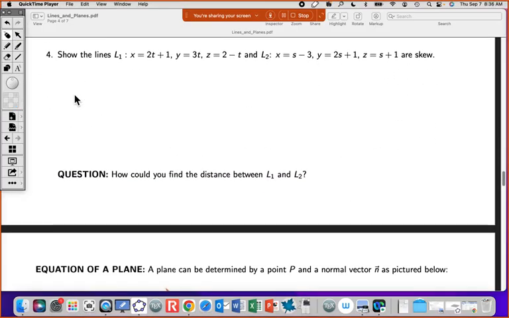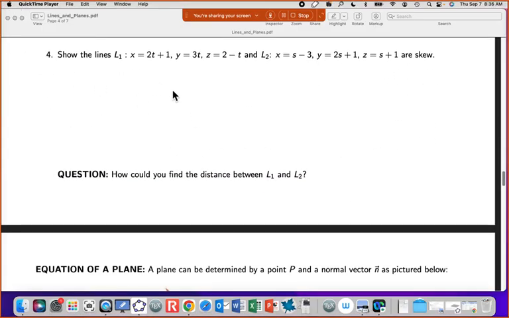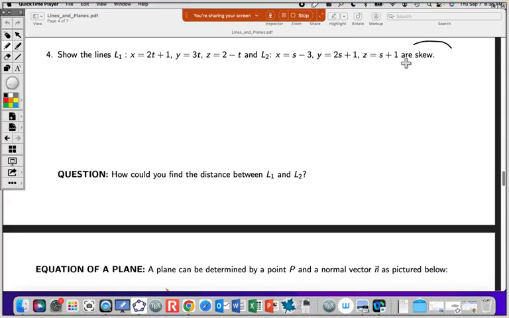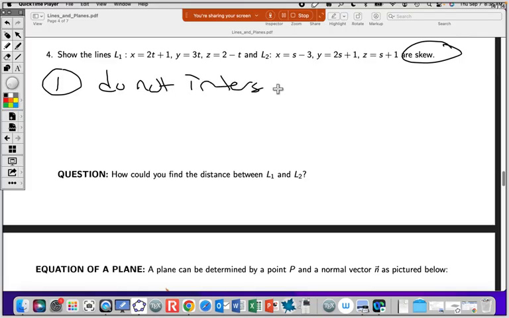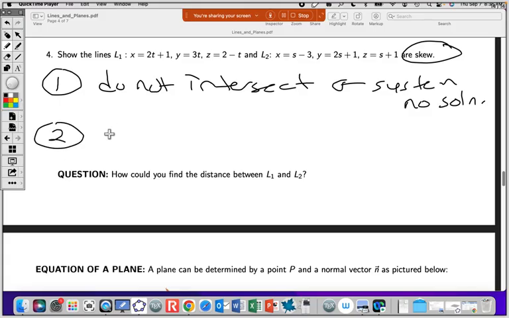And then last but not least, show these lines are skew. To show lines are skew, you first have to show that they do not intersect. So you would set up that system and you'd get no solution, something like 0 equals 1. And then you'd have to show that the vectors are not parallel.